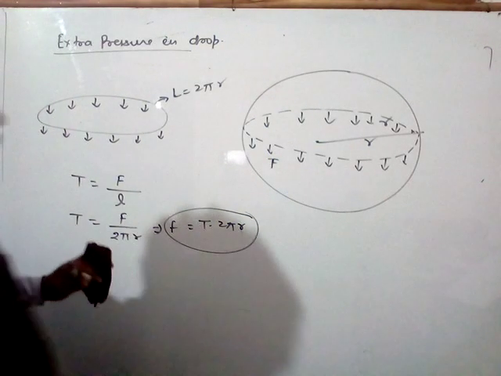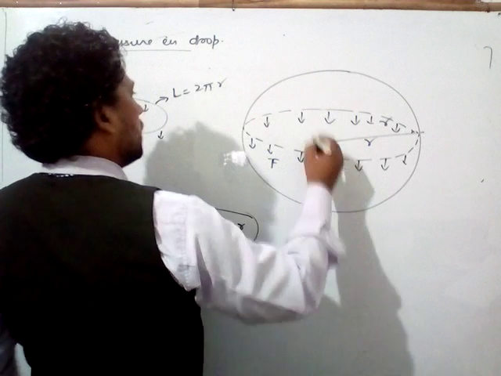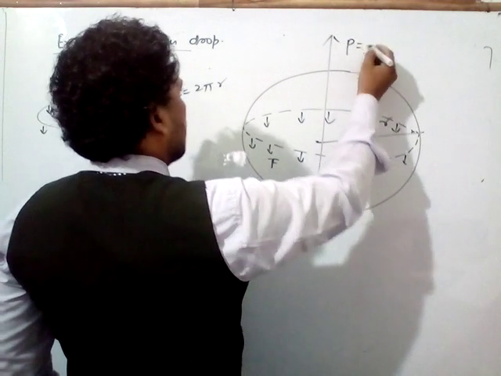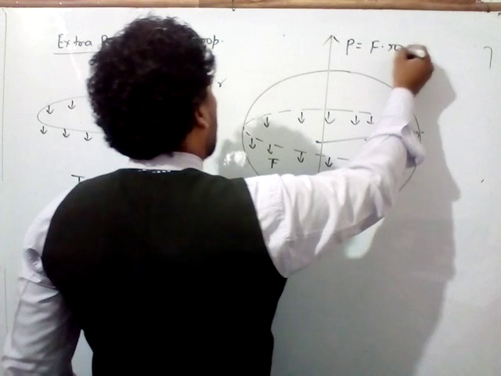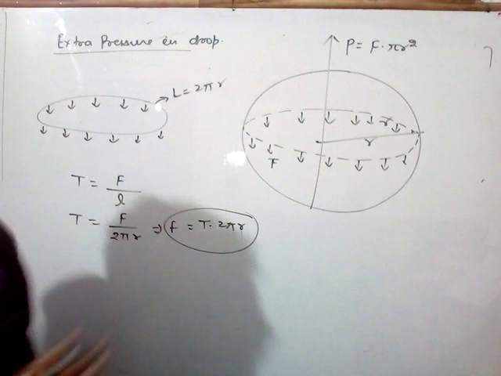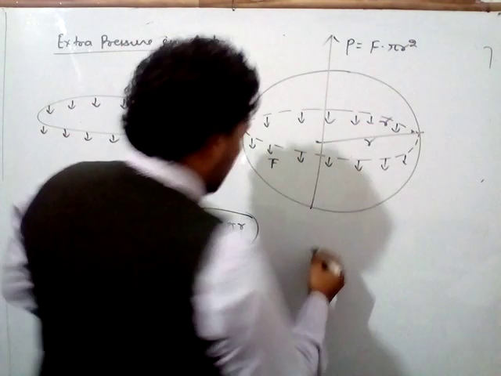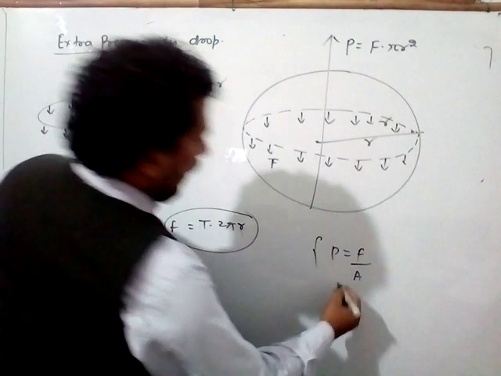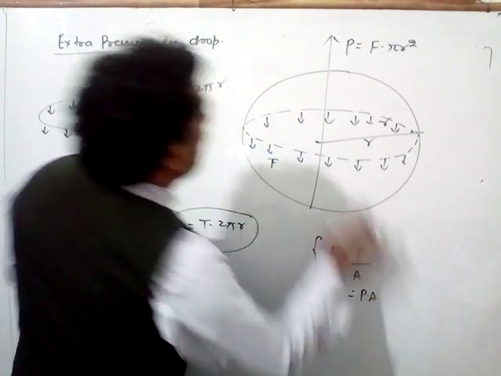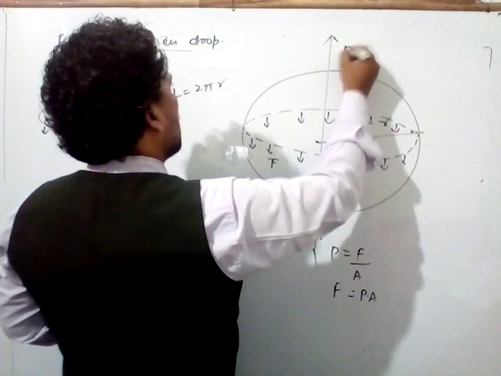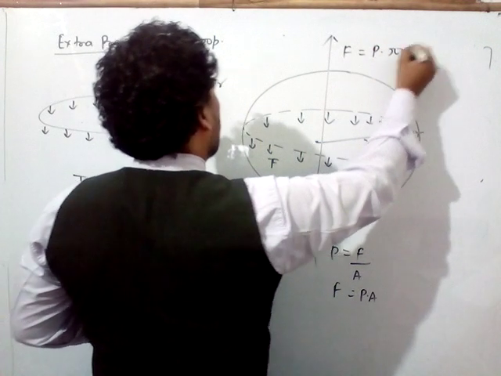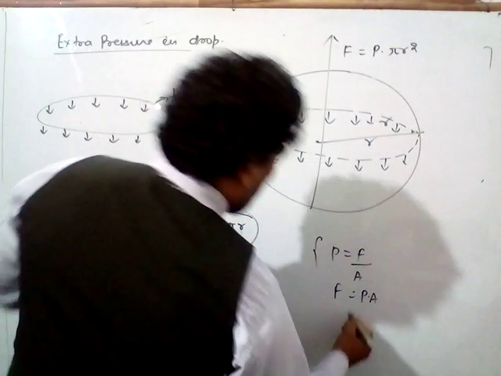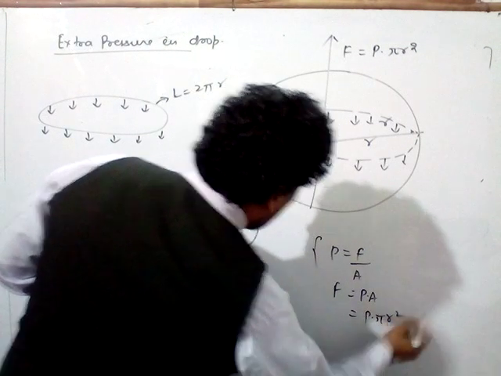And the extra pressure P works upward, and P is equal to F by A, where A is the cross sectional area, and you know that P equals F by A. So F equals P into pi r square. The cross sectional area of this drop is pi r square.